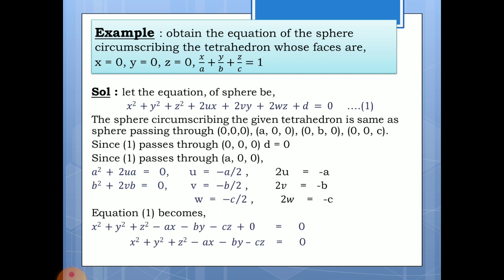Means the sphere circumscribes the tetrahedron whose faces' equations are given to you.